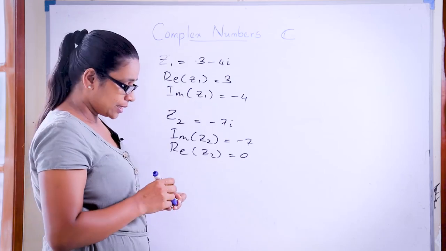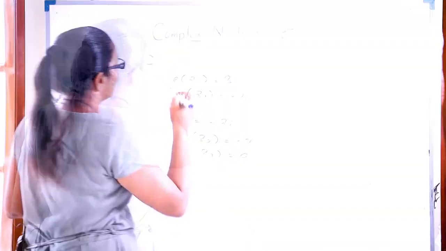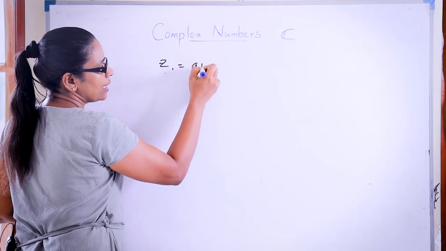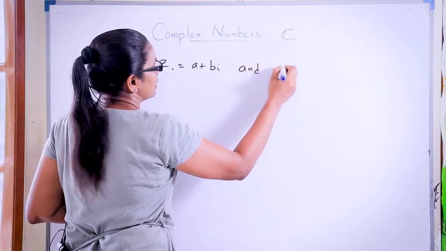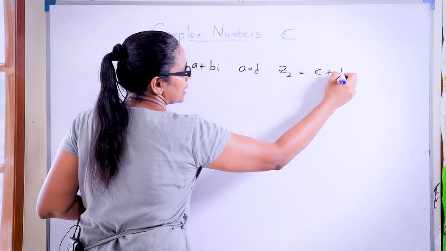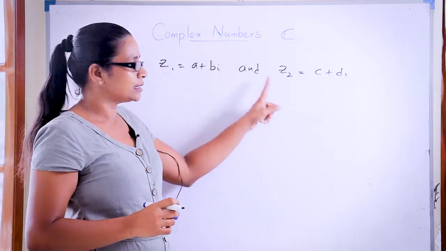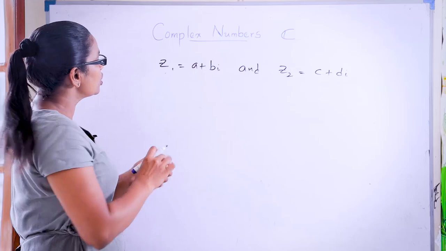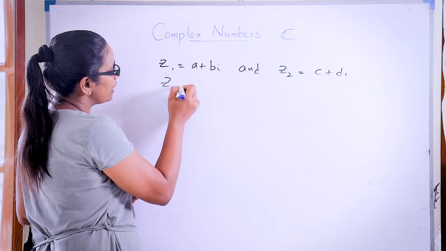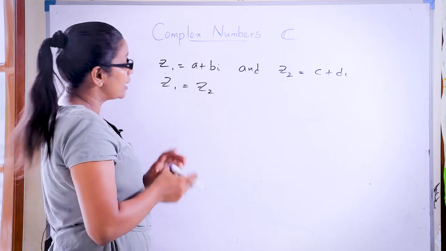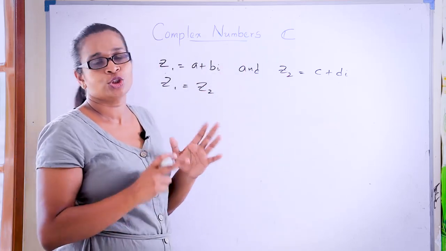Then let's talk about the equality of complex numbers. If I write Z1 as a plus bi and Z2 equal to c plus di, and if Z1 and Z2 are equal, definitely the real part and also the imaginary part should be equal.